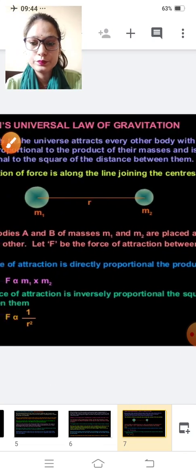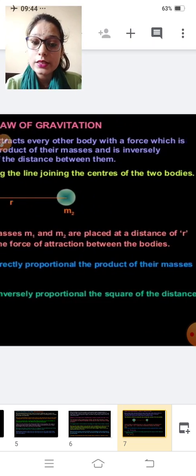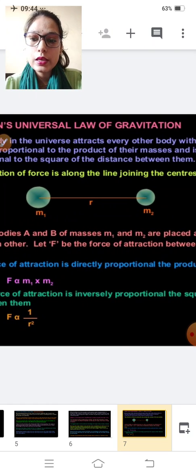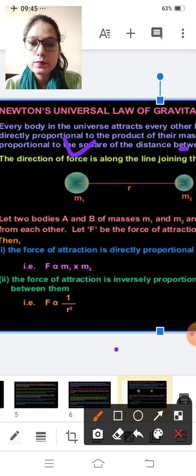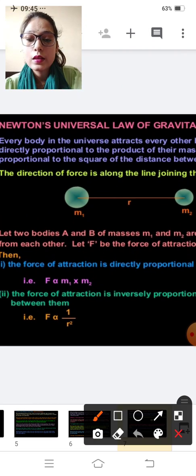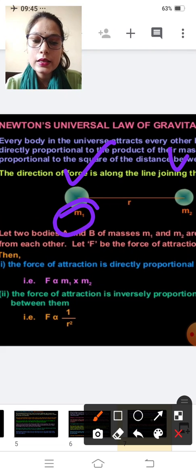Now see here. The direction of force is along the line joining the centers of the two bodies. Here you will take two bodies, this and this. Mass of this is m1 and m2.